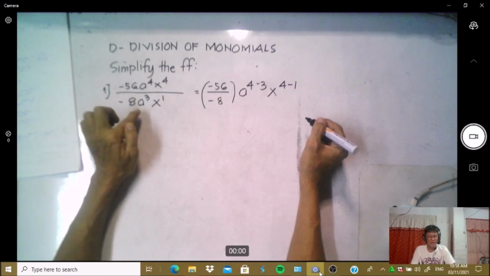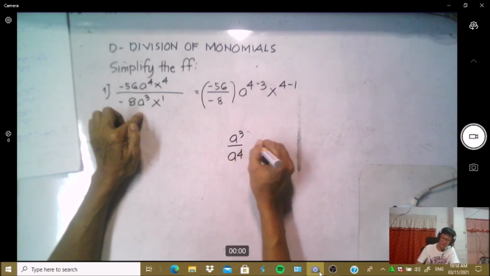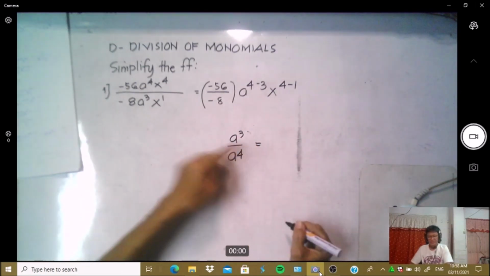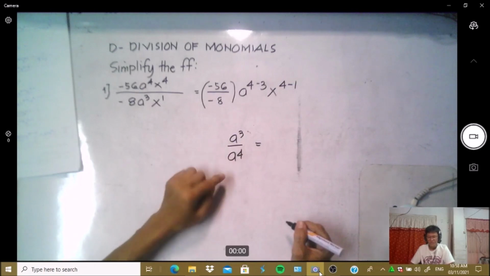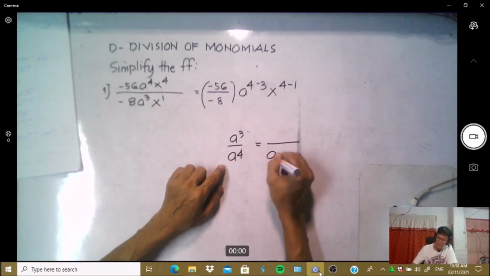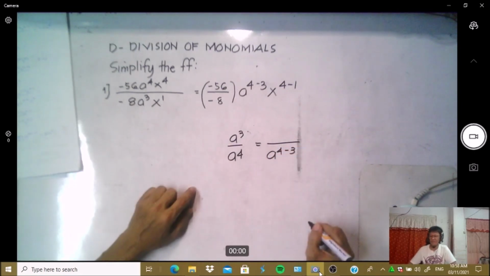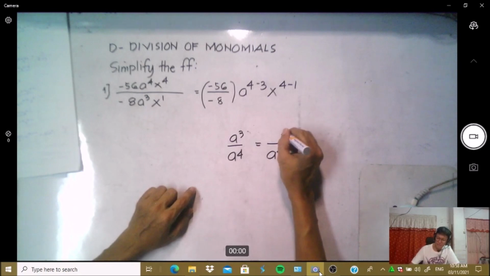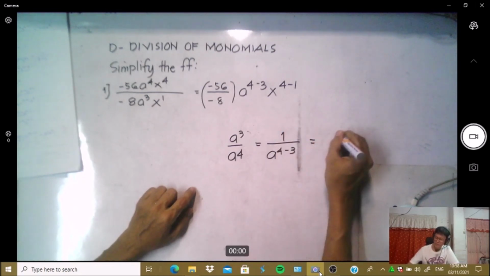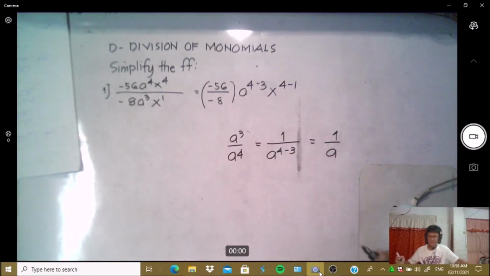So if, for example, we have a cubed and we have a raised to 4, therefore we have to use the denominator. So we have a raised to 4 minus 3 in the denominator. Okay, and we have to write 1 here. And therefore, this will be equal to 1 over a. Now for here, we have 4 minus 3, that is equal to a.